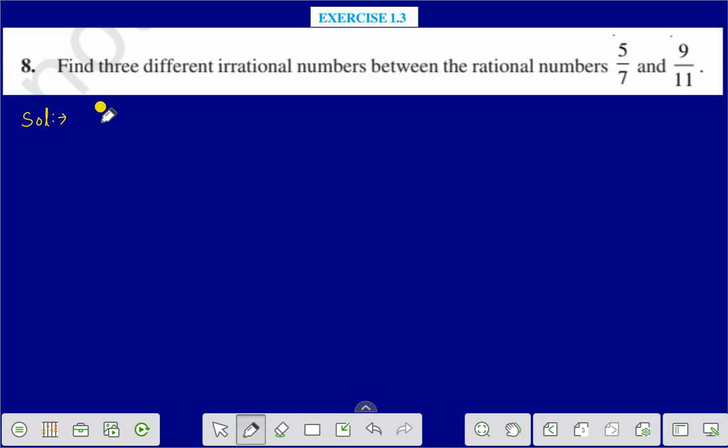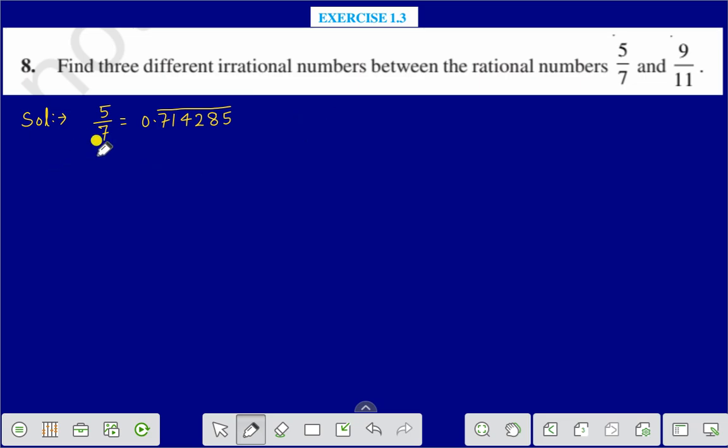If we divide 5 by 7, we are getting a number like 0.714285, and these digits are repeating: 714285.